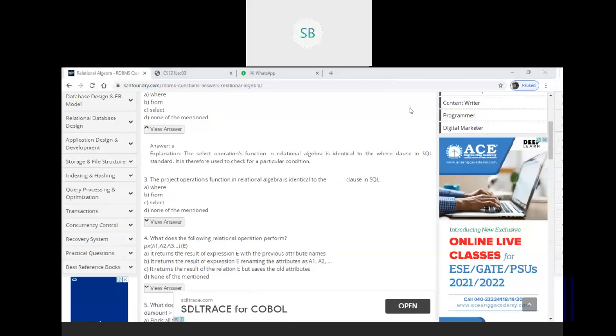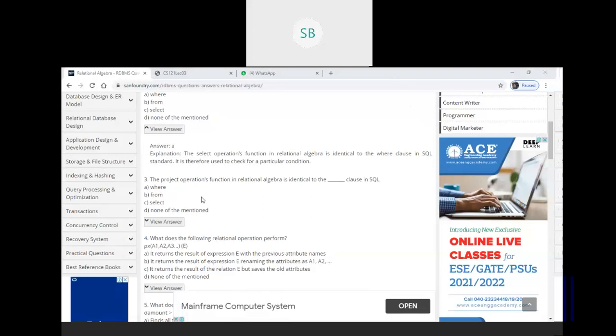In SQL, when we go for selecting, we select the attributes, meaning the columns. In relational algebra, I told you the difference: select works on the tuples and project works on the attributes.